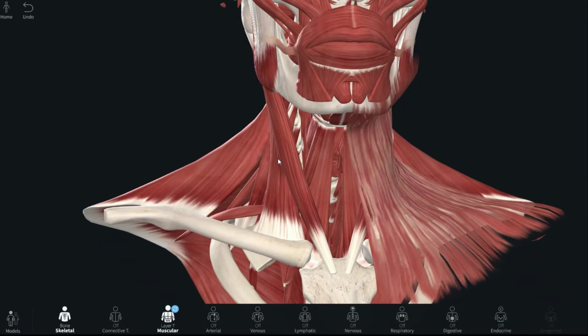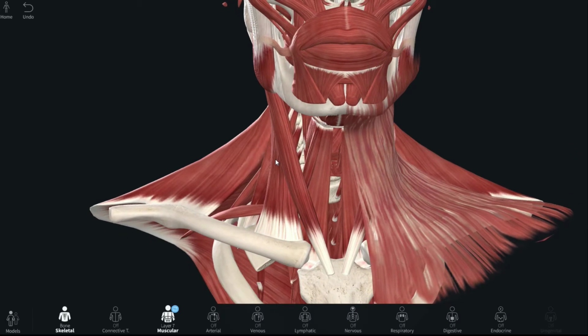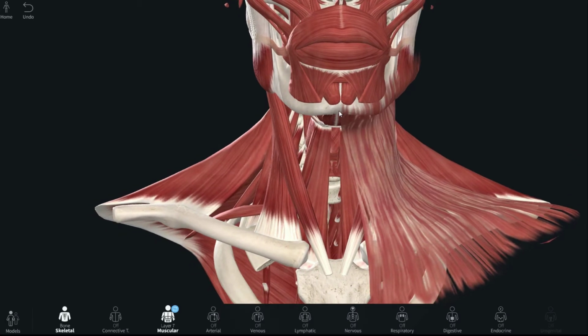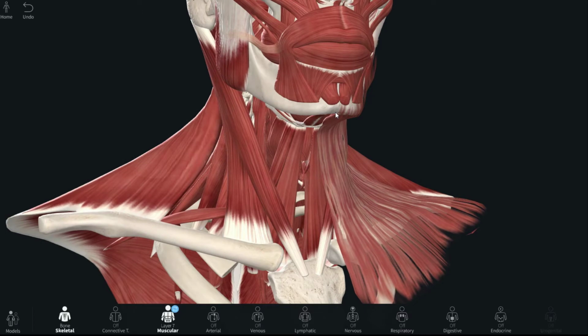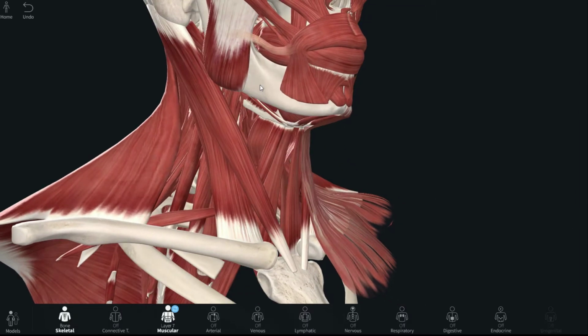So the anterior triangle, as far as its boundaries are concerned, as I've already mentioned, is bounded anteriorly by the imaginary midline, which is running along vertically. Its base is the lower border of the body of the mandible over here, and its posterior border is none other than the anterior border of sternocleidomastoid along this.